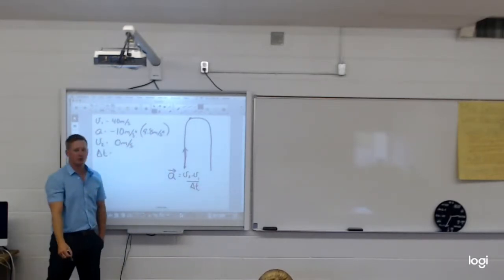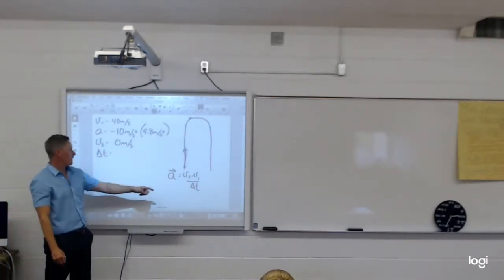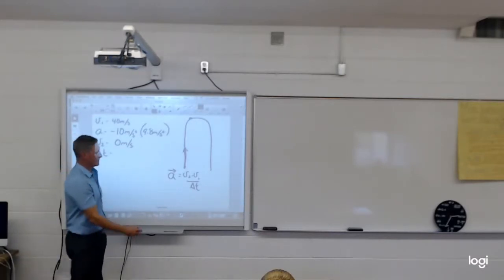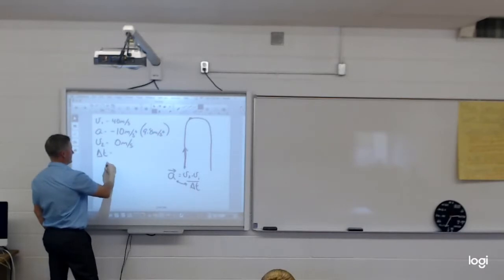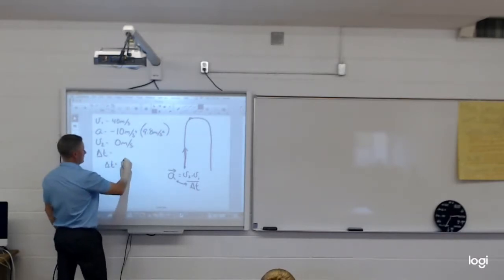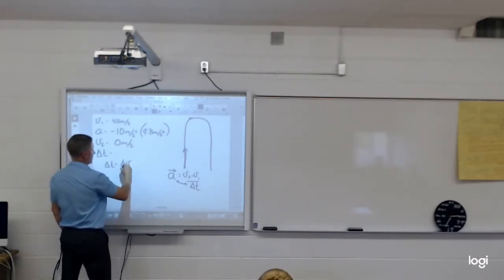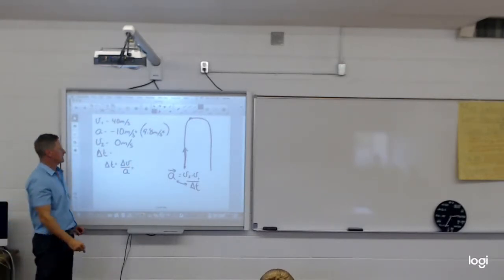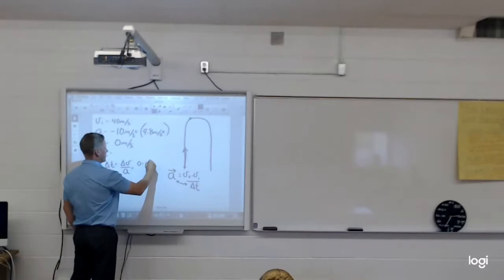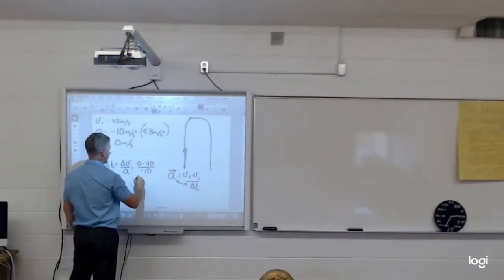Change in velocity over change in time. I want to solve for time, so I just simply switch these two. So time is equal to change in velocity over my acceleration. In this case, my change in velocity is 0 minus 40, over negative 10.